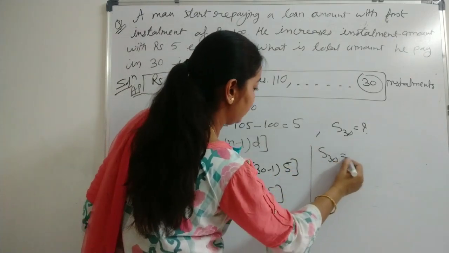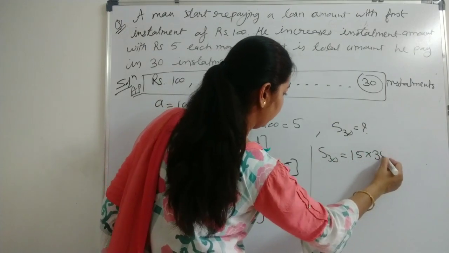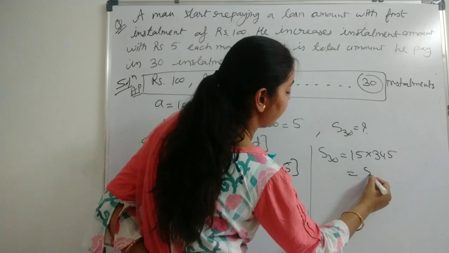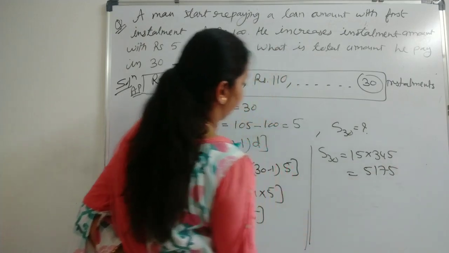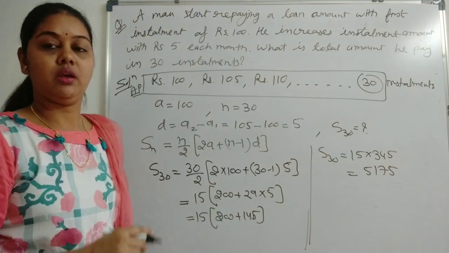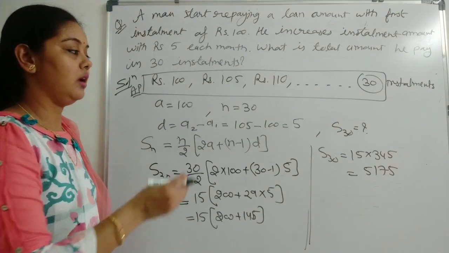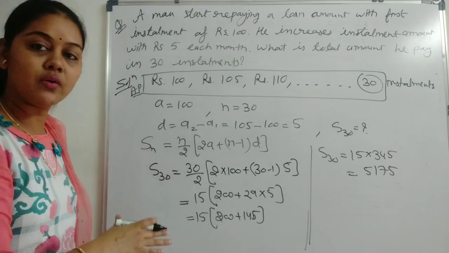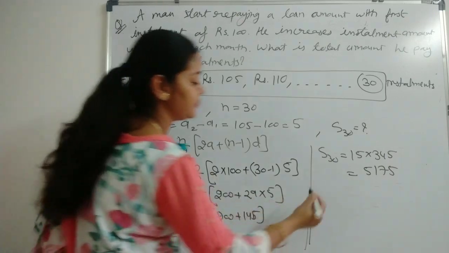So S30 will be equal to 15 into 345. That will be equal to 5,175. It means the sum is 5,175. It means the person will have paid a total of 5,175 overall in 30 installments.